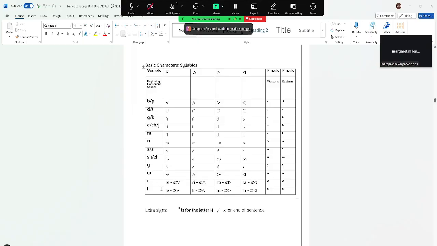W, W. R, R, and L, L sound. So the extra signs here are the H, the H, and you can't hear it, it's silent, and X for end of the sentence.